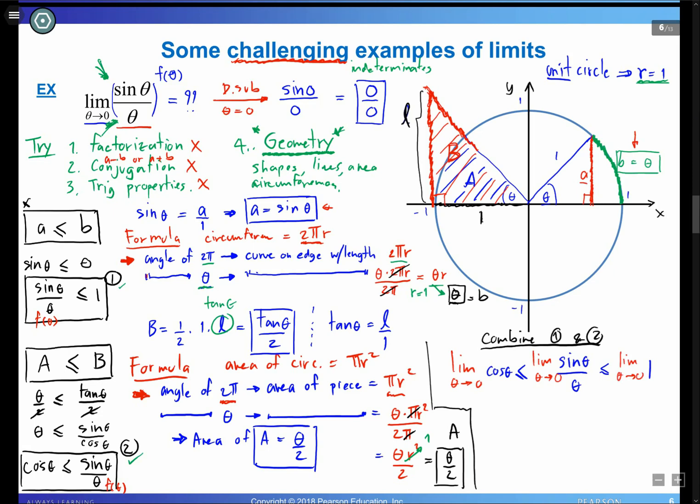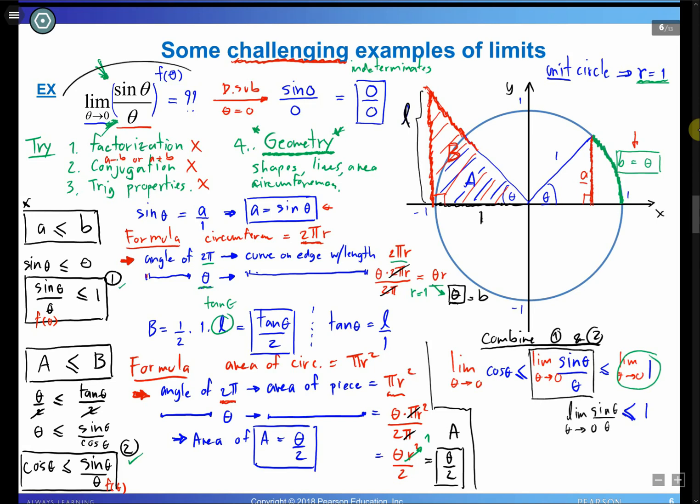Let's start with this one. Limit of 1 when theta approaches 0. We don't have theta right here, so it doesn't really matter, so 1 stays the same. Now we are going to keep this, because this is what we want to know in the beginning: limit of sine theta over theta when theta approaches 0.